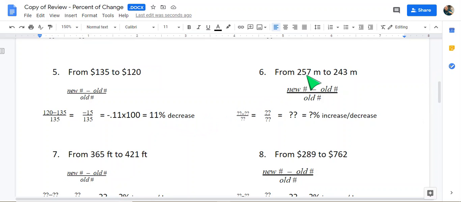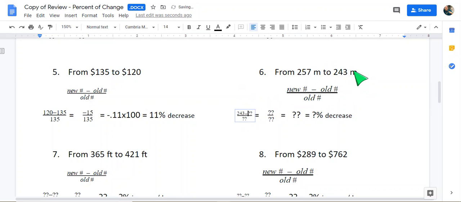From 257 meters to 243 meters. It went down, right? So right away, I know I'm going to be doing percent decrease and probably having a negative number again. Okay, the new number is 243. The old number is 257. And then the old number goes on the bottom, okay? Just remember that. The old number goes on the bottom, 257.